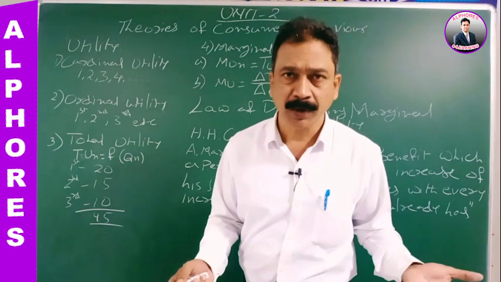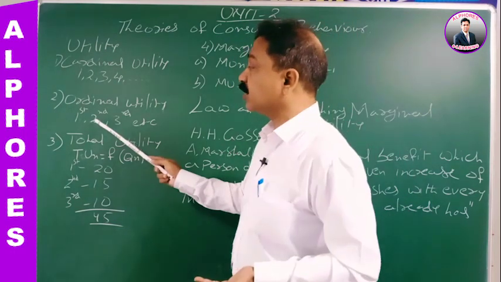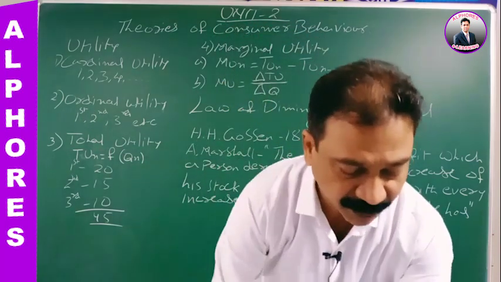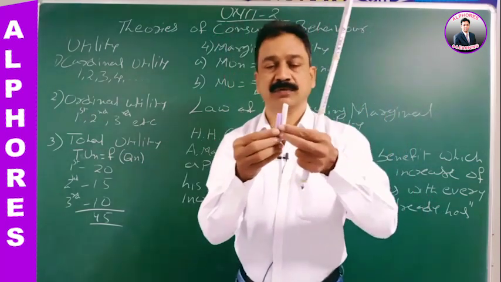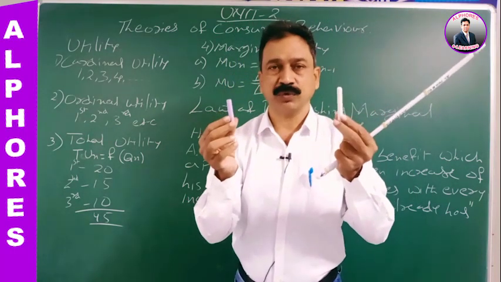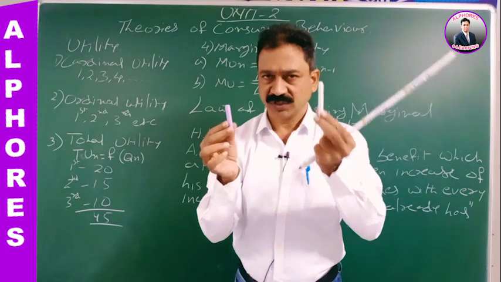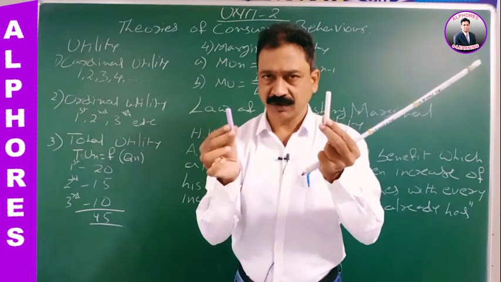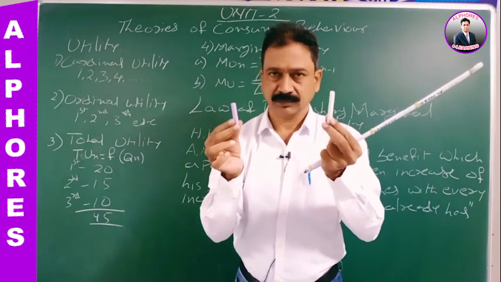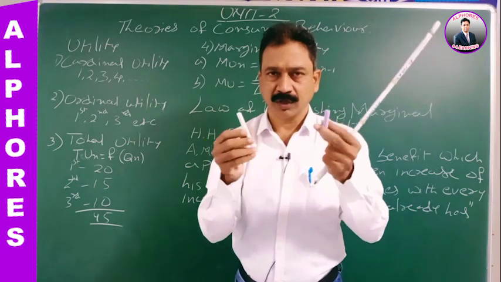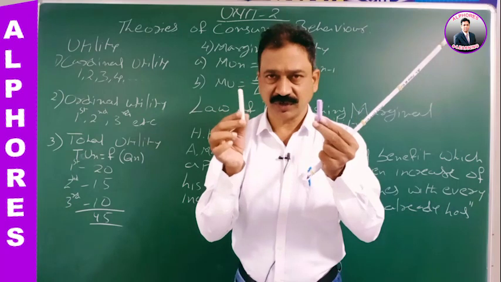Possible, no? When we are making the comparison, the second commodity, like, let me show you these two chalk pieces. This is 1, this is 2. Okay, the second one is bigger than the first one, or we can say the second one is smaller than the first one.